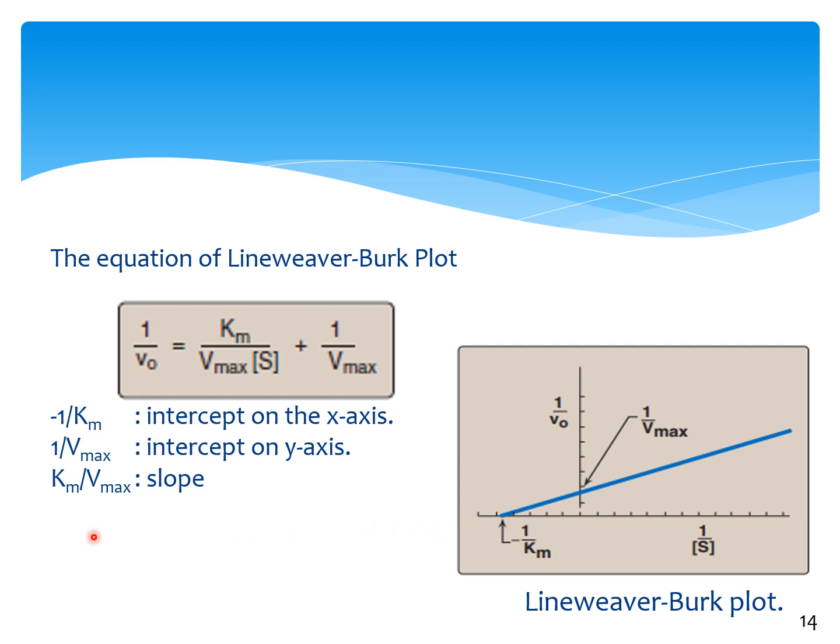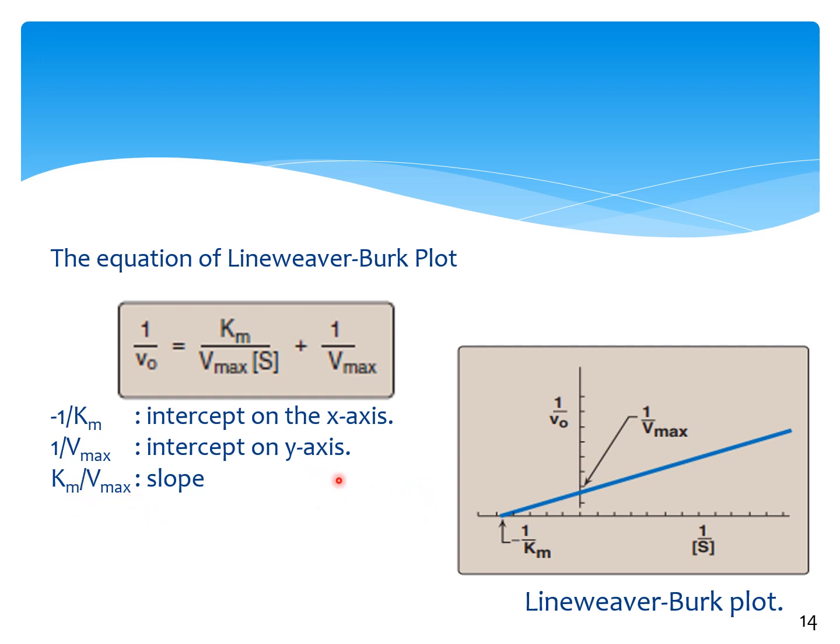It also shows the relationship of the Km with the Vmax in the form of a slope. This is a slope. If we take part of the slope and draw a right-angled triangle, the hypotenuse, that is the slope, is equal to Km divided by Vmax.